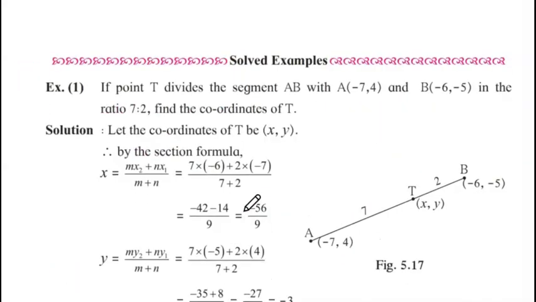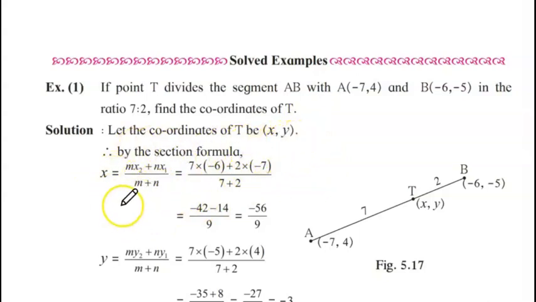Next, solved examples. First example: if T divides segment AB, with A(-7, 4) and B(-6, -5), in the ratio 7:2, then find the coordinates of T. Okay, and here we will apply the simple section formula. The coordinates of the point T are (x, y).